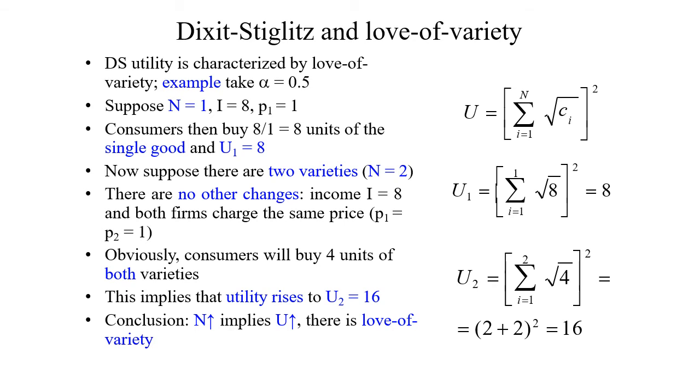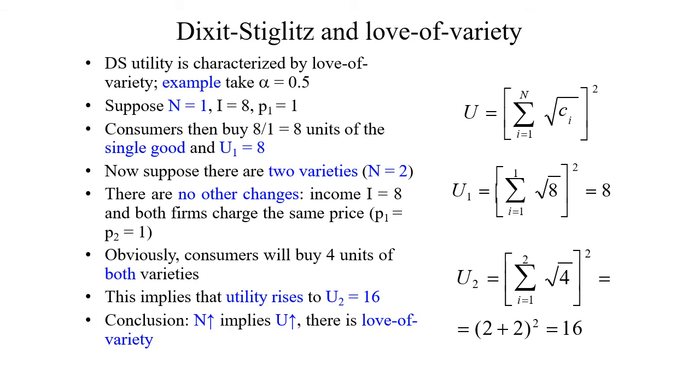You plug them into your utility function. So in case they give you a utility function, which is as per usual based on the parameter of alpha equals 0.5, it's the sum of i equals 1 to n of the square root of Ci, and this is all squared. Important thing that you need to know.